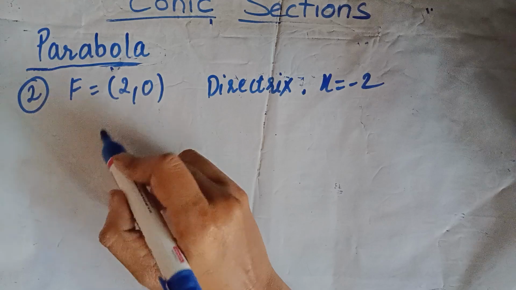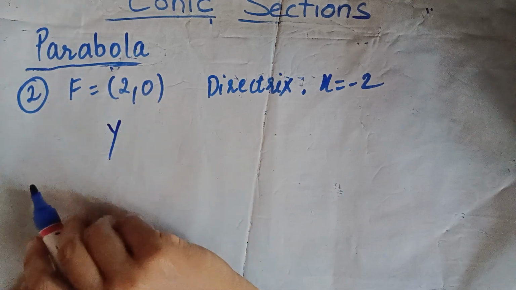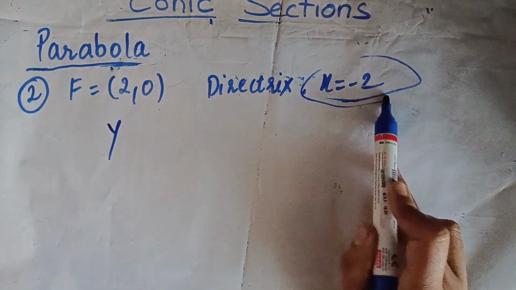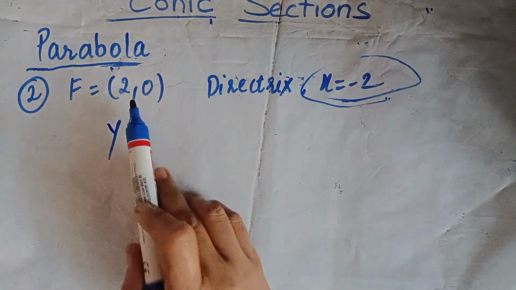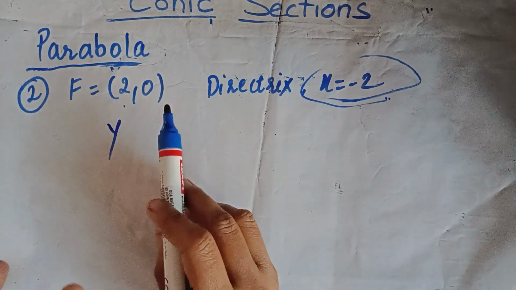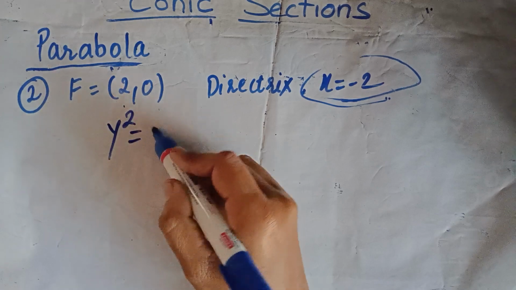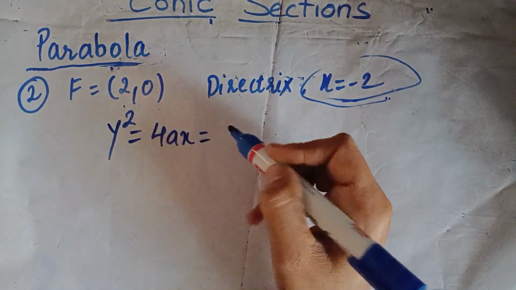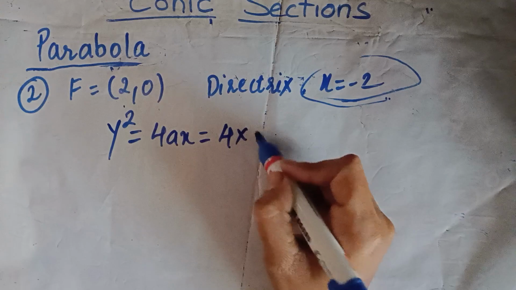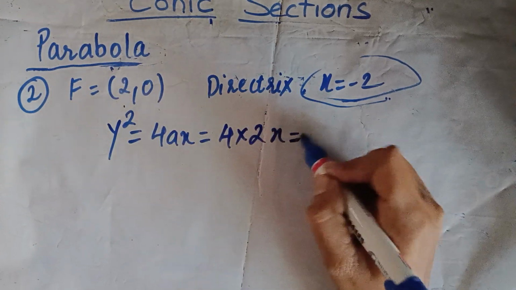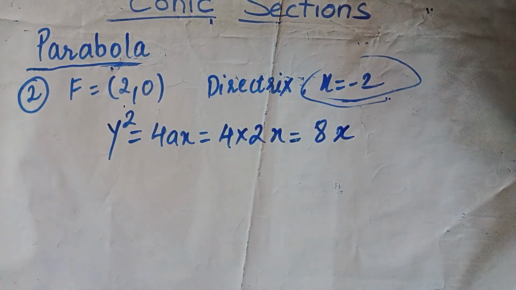Now the directrix is negative, right, and the focus is positive, so it is a right parabola. So y square equal to 4ax. a is 2, so it is 8x. y square equal to 8x.